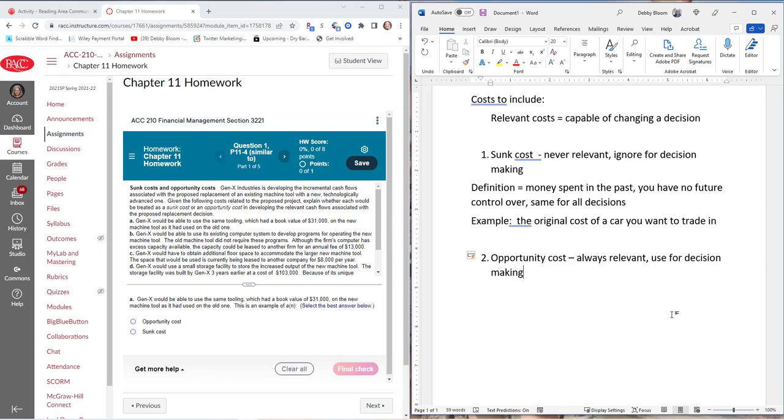Because an opportunity cost is always relevant, we will use it for decision making. So the definition of an opportunity cost is a cost or benefit arising from making a particular decision.